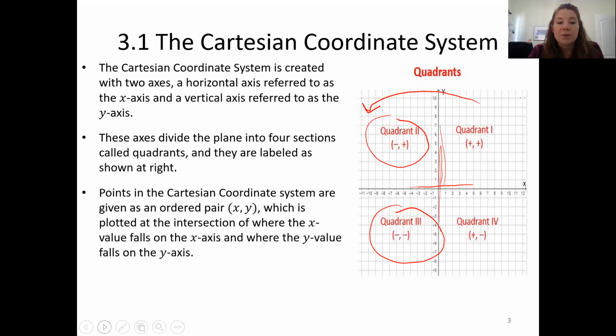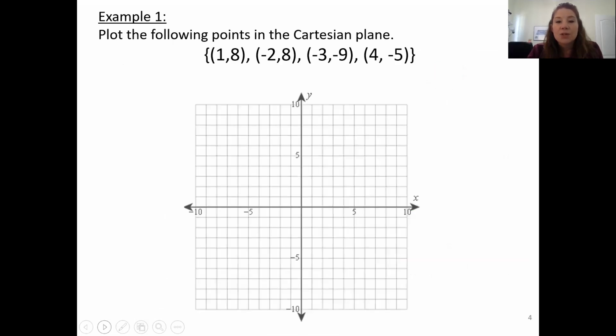Points on the coordinate plane are given as an ordered pair, which is plotted at the intersection of where the x value falls on the x-axis and where the y value falls on the y-axis. So when you're given a coordinate or ordered pairs, those terms can be used interchangeably.